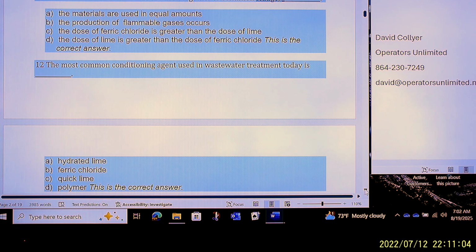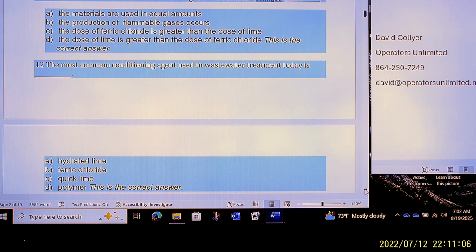Number 11, when lime and ferric chloride are used together to condition sludge, the materials are used in equal amounts, the production of flammable gas occurs, the dose of ferric chloride is greater than the dose of lime, the dose of lime is greater than the dose of ferric chloride.